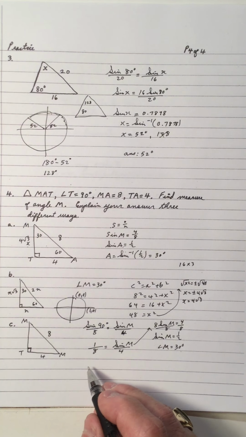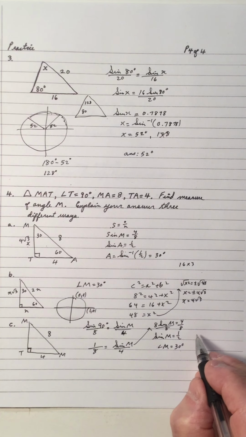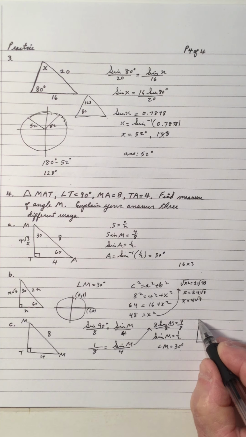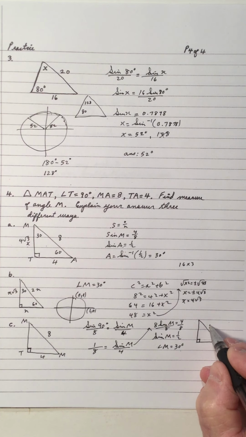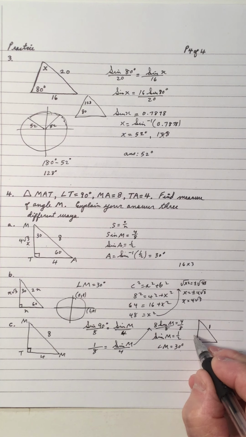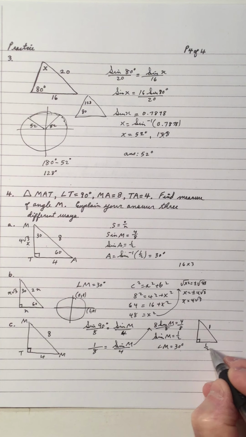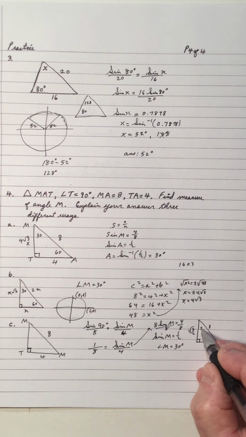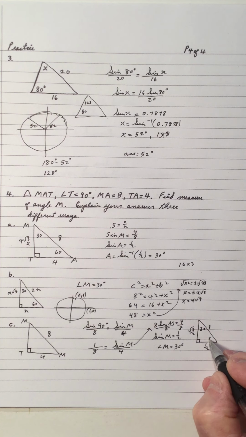And also, just to show you, if you remember that if you have a triangle which has a hypotenuse of 1, and this side is a half, and this side is root 3 over 2, then this angle here is 30. This angle opposite the root 3 over 2 is 60.